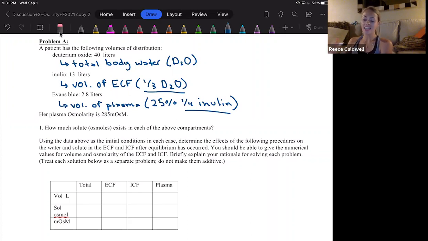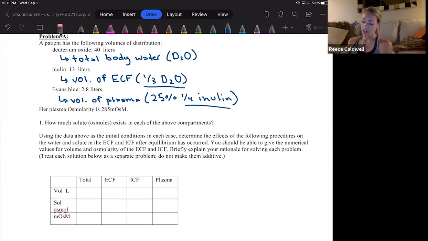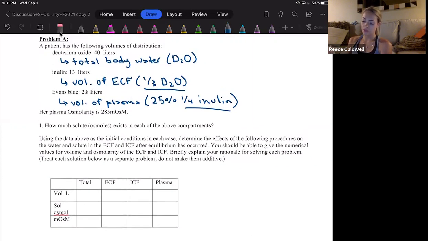So let's go ahead and take this information and plug it into number 1. So number 1, we're first going to look at the total body volume, and we have that up above, 40 liters. Our extracellular volume is 13 liters.